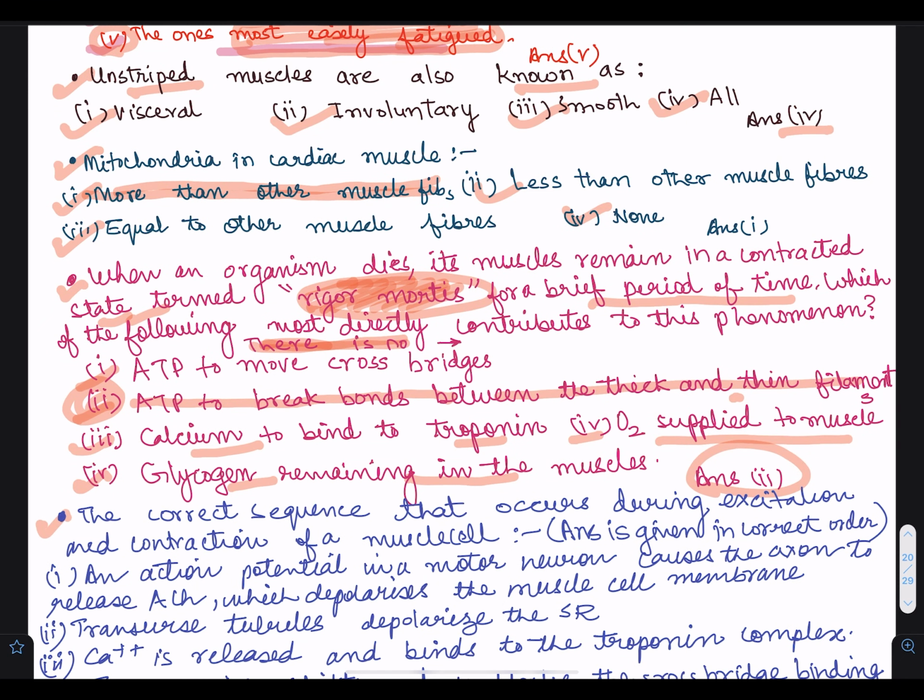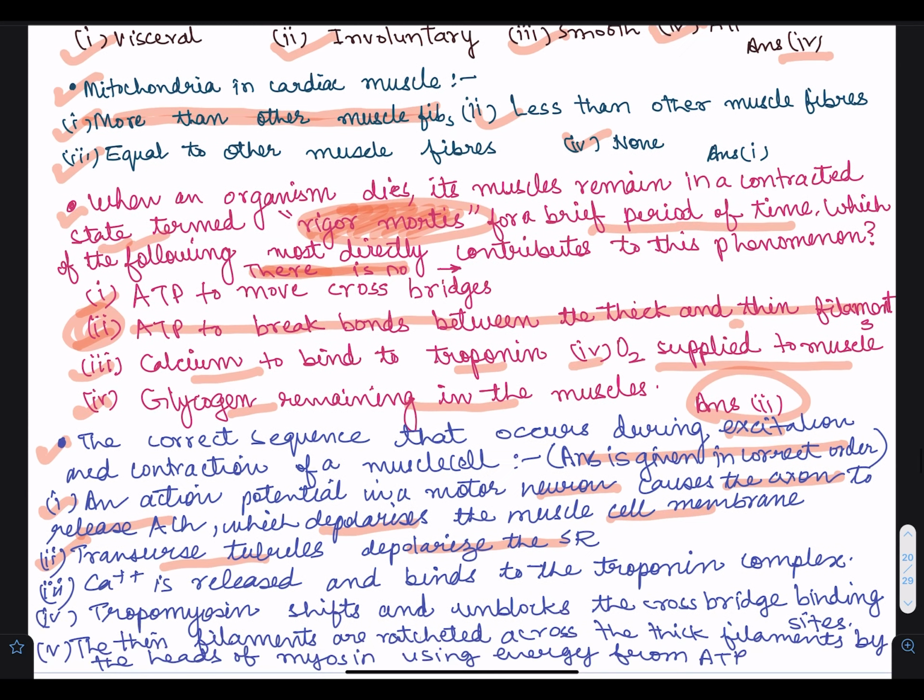Next question. The correct sequence that occurs during excitation and contraction of a muscle. We have given the answer in the correct order. First of all, what happens? An action potential in a motor neuron causes the axon to release acetylcholine, which depolarizes the muscle cell membrane. Then, transverse tubules depolarize the sarcoplasmic reticulum.